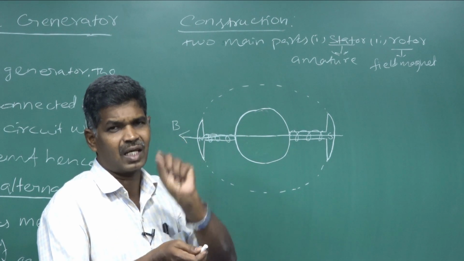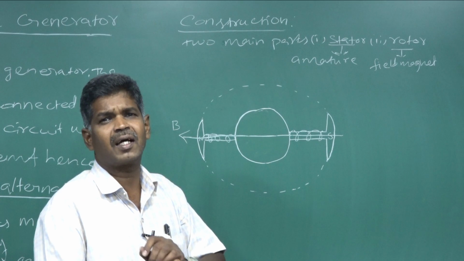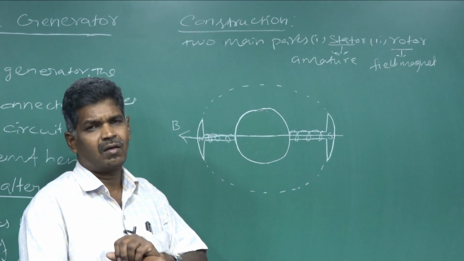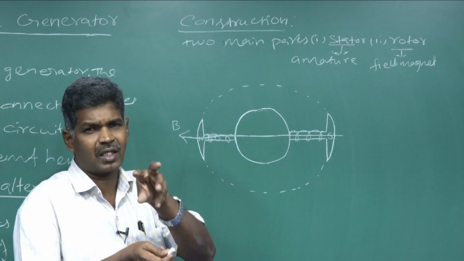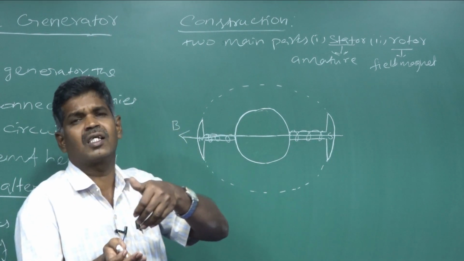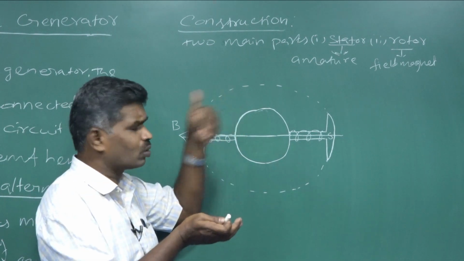In the first slot, we mount one conductor, which may be represented as PQ conductor, and in the other, the RS conductor. They are connected in series to form a single armature that we are going to draw.